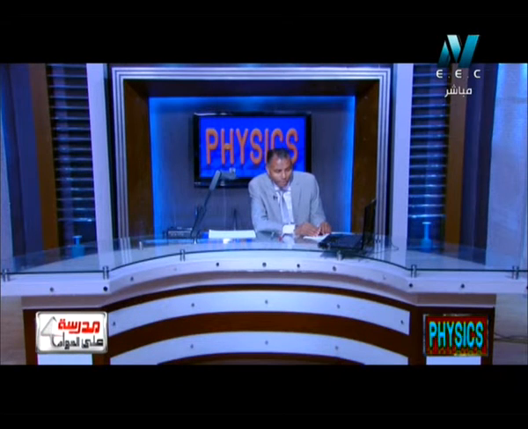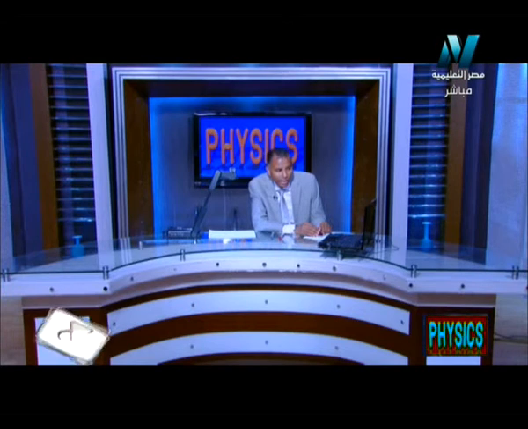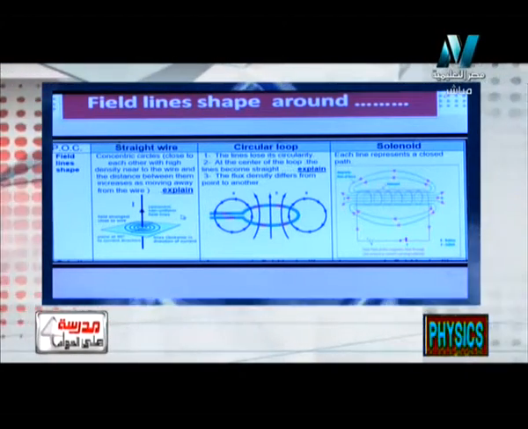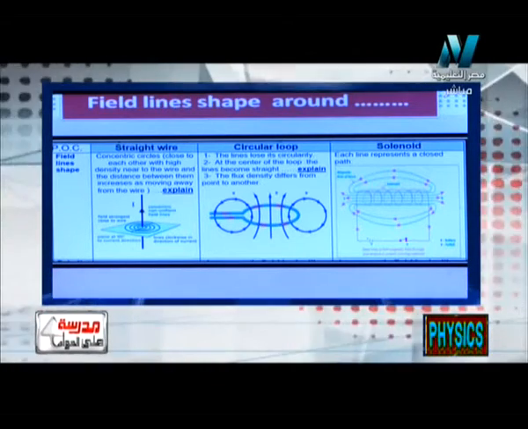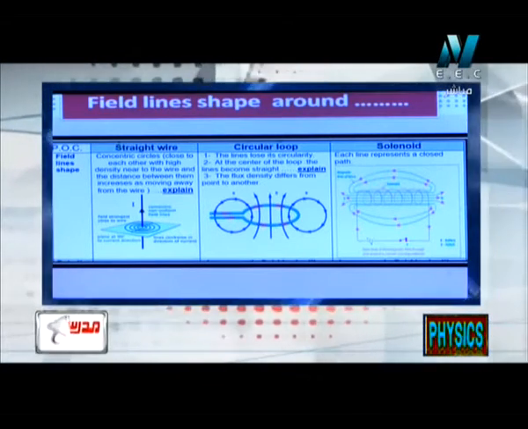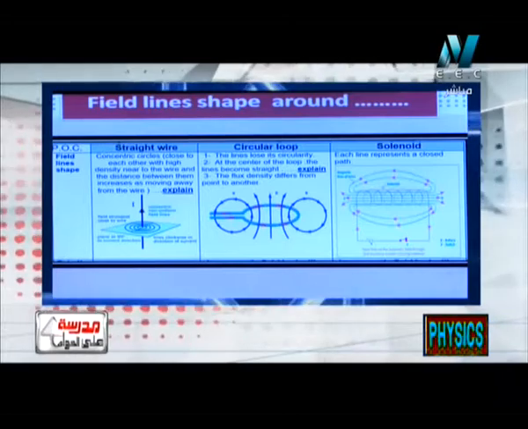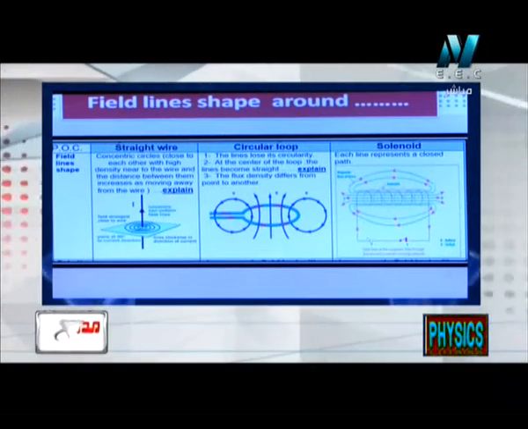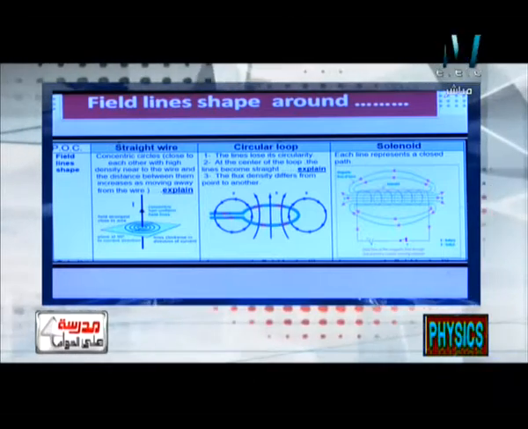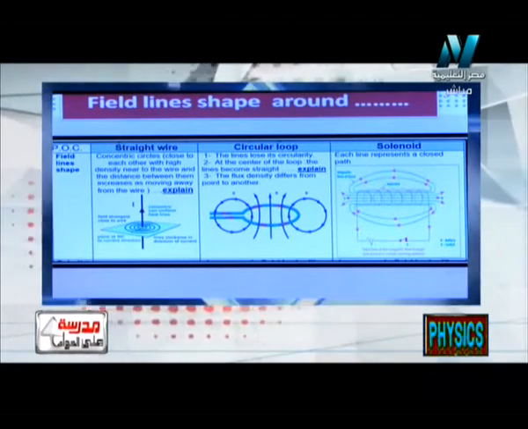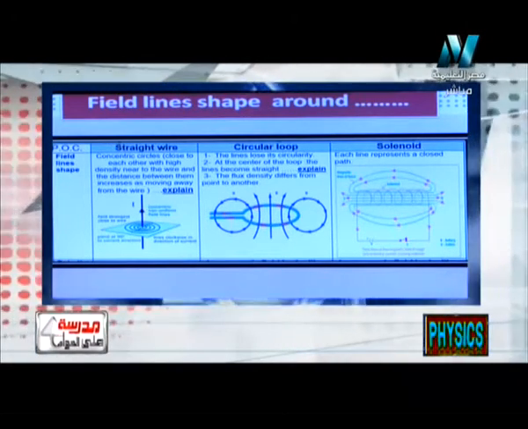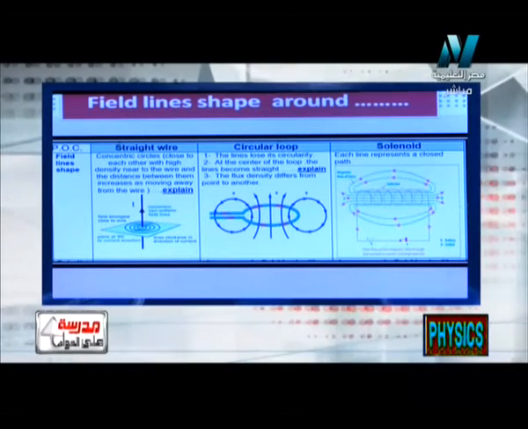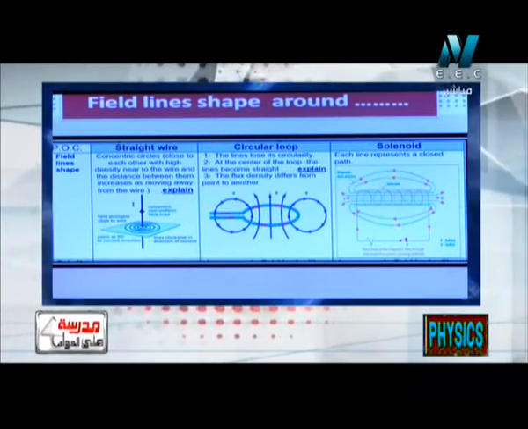As we see, the magnetic flux lines around a straight wire carrying a current are just concentric circles close to each other with high density near to the wire. The lines are crowded near to the wire, and the distance between them increases as moving away from the wire.